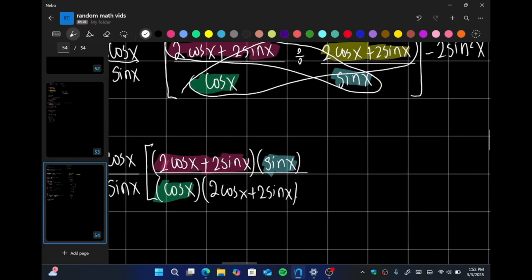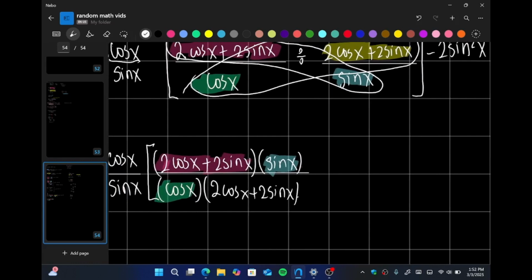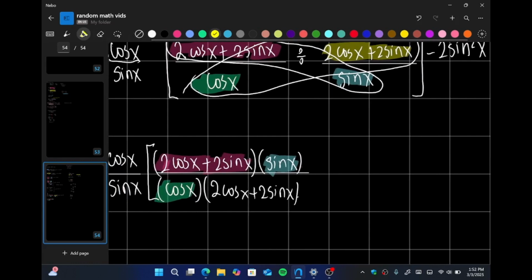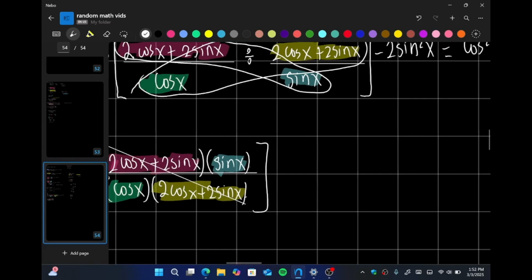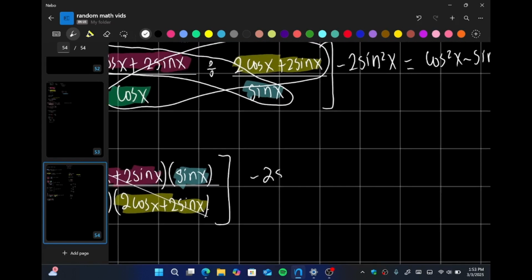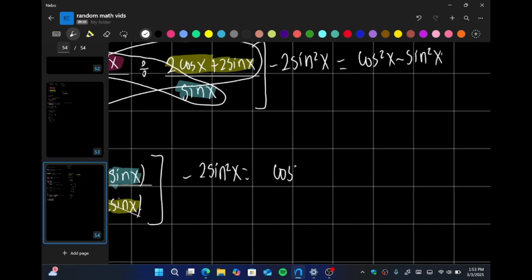Okay, so we can clearly see, guys, that these two are going to cancel out. And then we still have the minus 2 sine squared x is equal to cosine, so then just the right side stays the same.